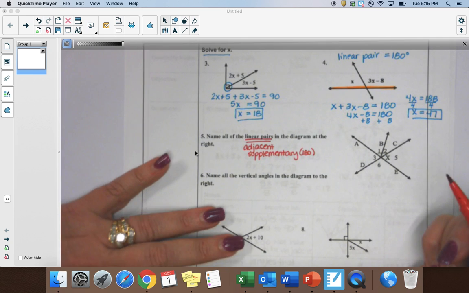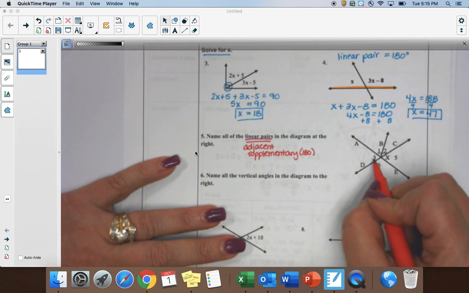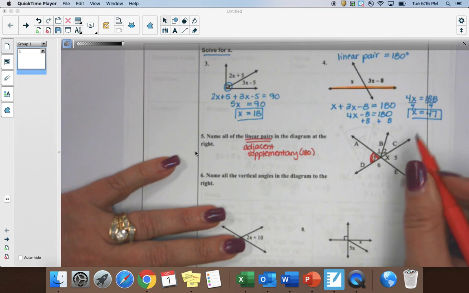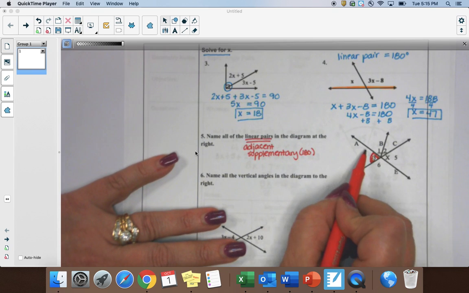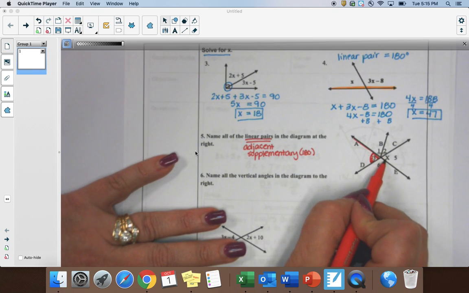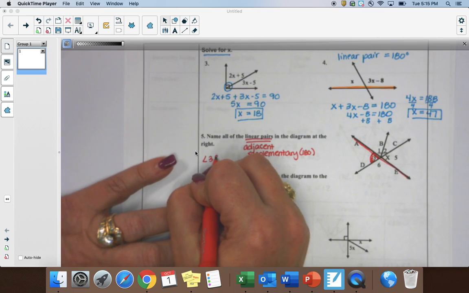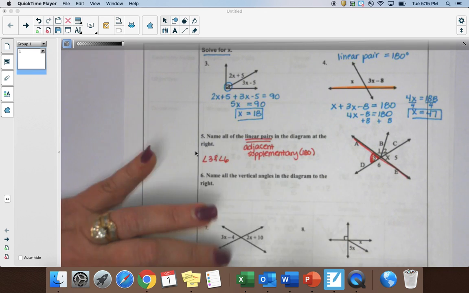We can start anywhere. Let's just start here with angle 3. If you look at this straight line right here, angle 3 forms a linear pair with angle 6. So angle 3 and angle 6 are a linear pair.